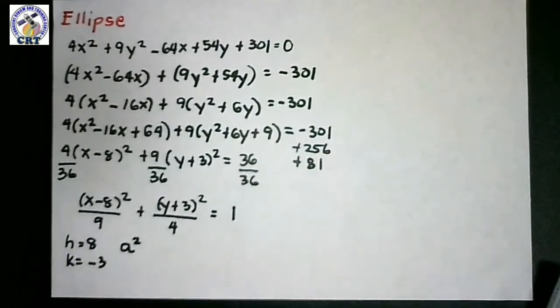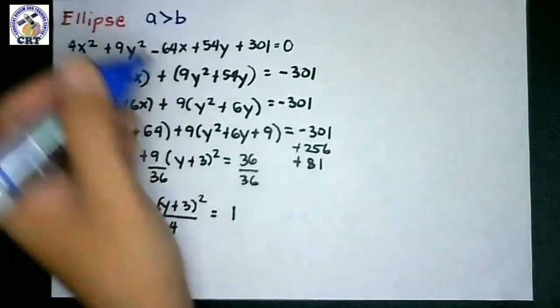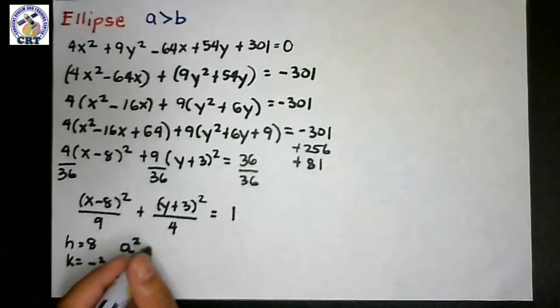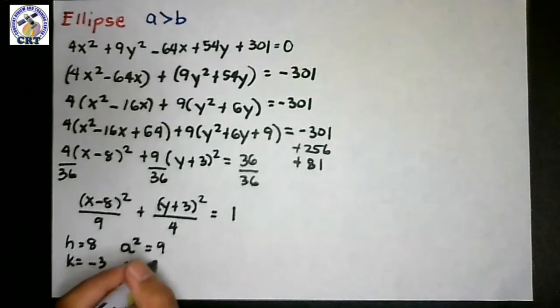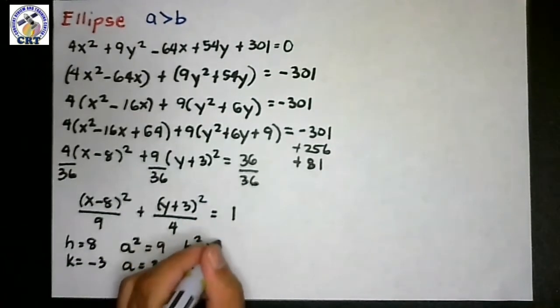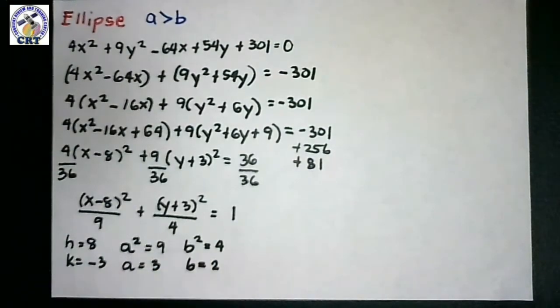Sa ellipse, a is always greater than b. So, kung ano yung mas malaki. So, since mas malaki ang 9, yun yung a squared. Therefore, a is 3. And then, b squared yung matitira, which is 4. So, pag sinolve nyo yung b, yun ang 2. Okay? So, sagot na natin.